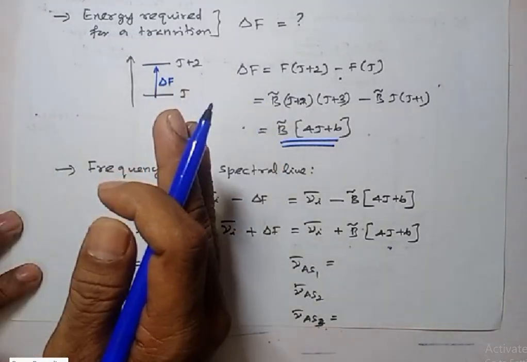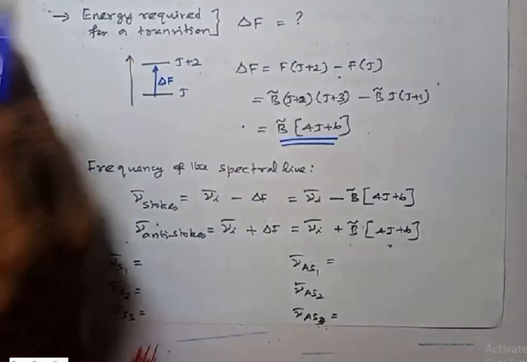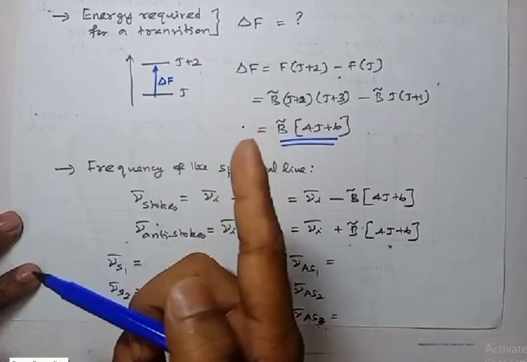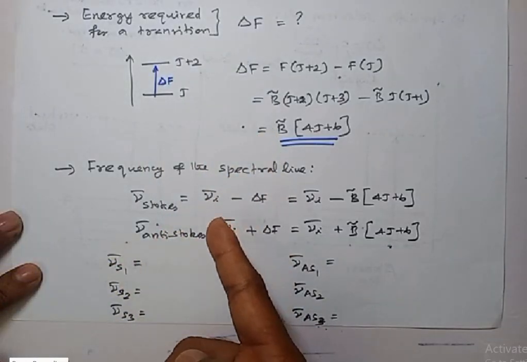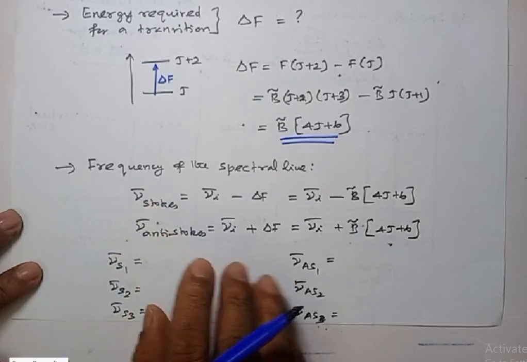At what frequency will the first Stokes line appear, the second Stokes line, the third Stokes line? Similarly, at what frequency will the first anti-Stokes line and second anti-Stokes line appear? You can get that using this formula.